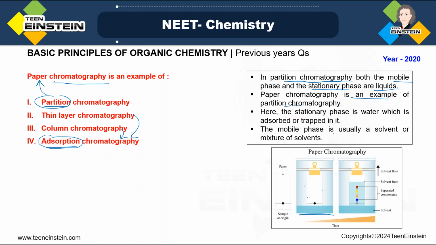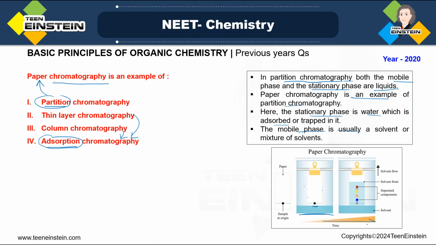It is just a type. There are more types possible. And the stationary phase here is basically water, which is already absorbed. When you are using the paper, suppose you have bought the paper, there are already water molecules absorbed or trapped in it. The mobile phase is usually a solvent in which we dip. So here we have given the spot.